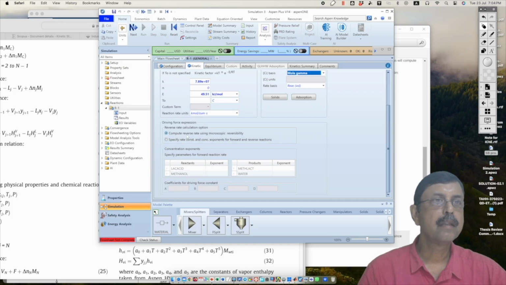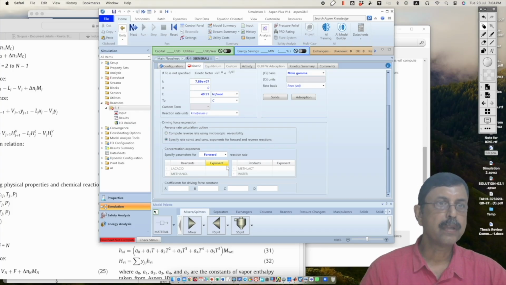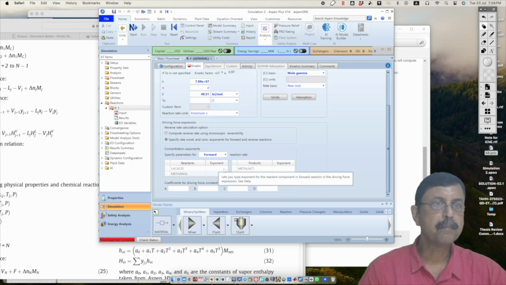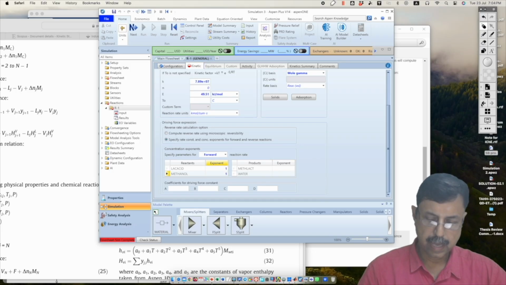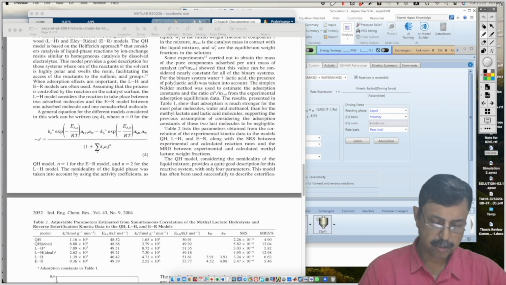And then specify the rate constant and concentration exponent. Now here for the forward reaction, it is lactic acid and methanol. It is exponent 1, because we have seen it over here.